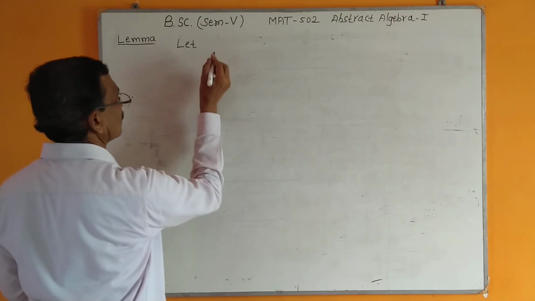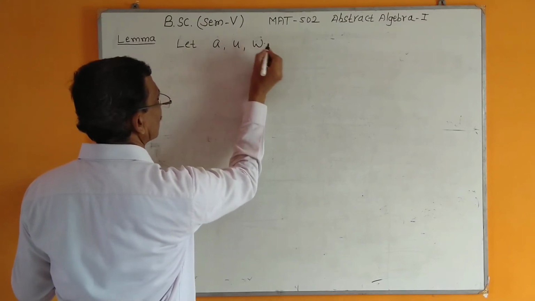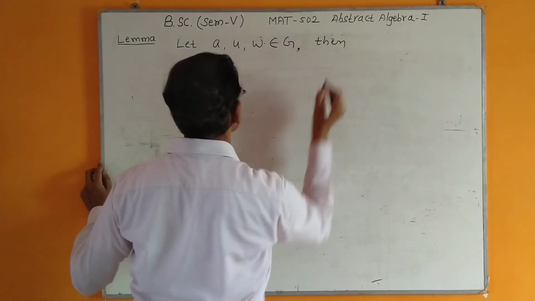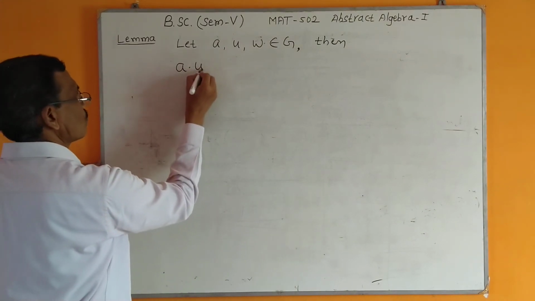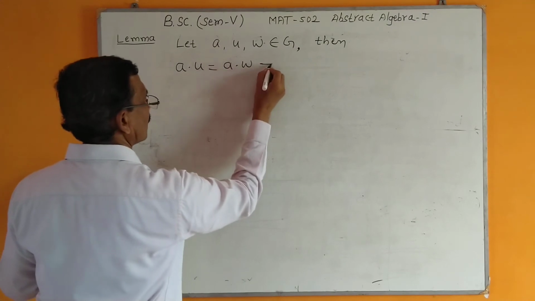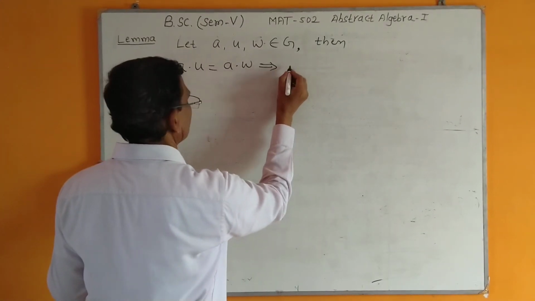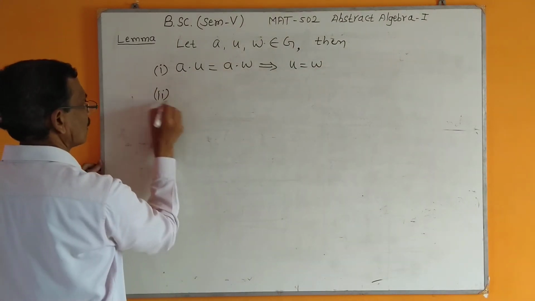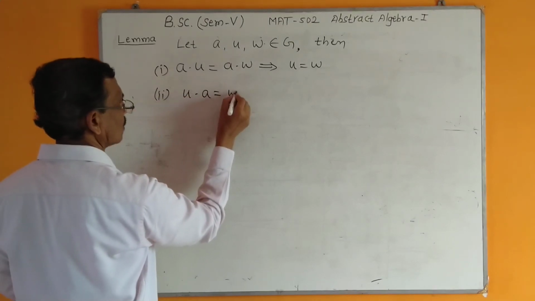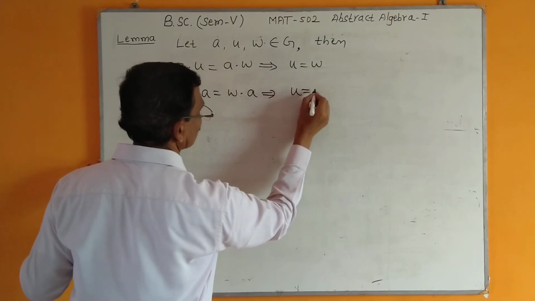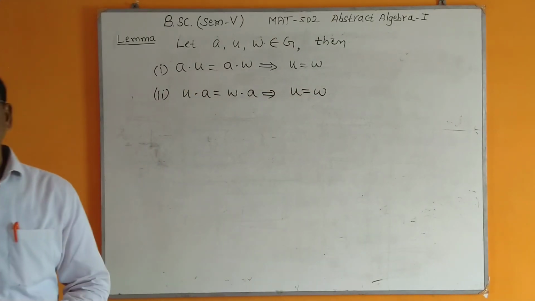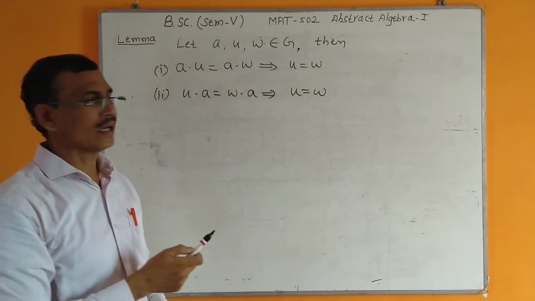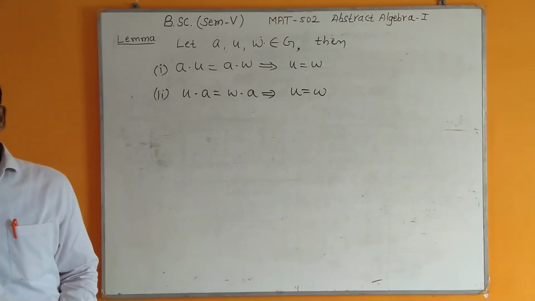Let A, U and W belong to G. Then A dot U is equal to A dot W implies U is equal to W. And second, U dot A is equal to W dot A implies U is equal to W. These two laws are called cancellation laws, because this gives U is equal to W. That means we have just cancelled A on the left side, and that's why it is called the left cancellation law.